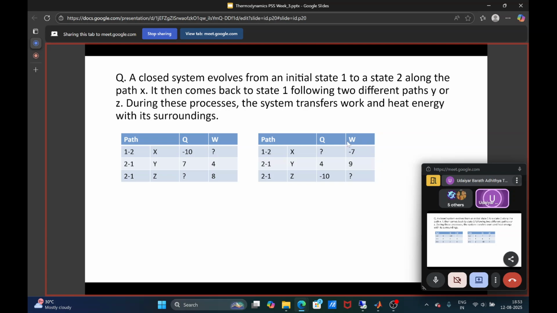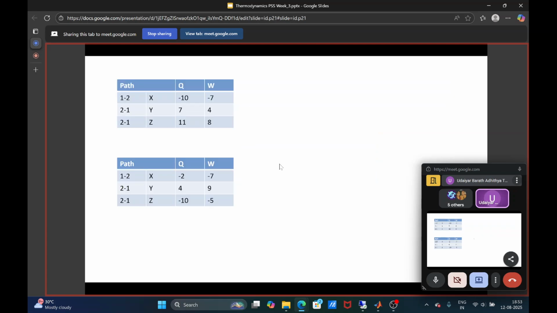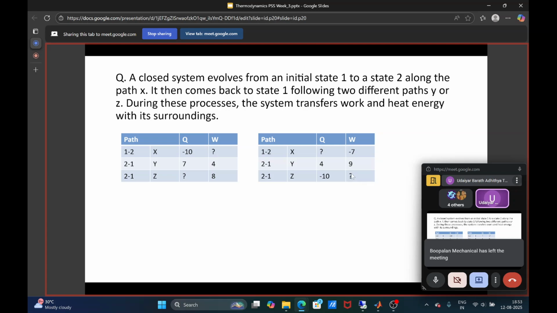And similarly, W is minus 7 plus some x. So we get minus 8 on the left hand side and minus 7 plus x on the right hand side, so what we get is minus 1. We have minus 8.